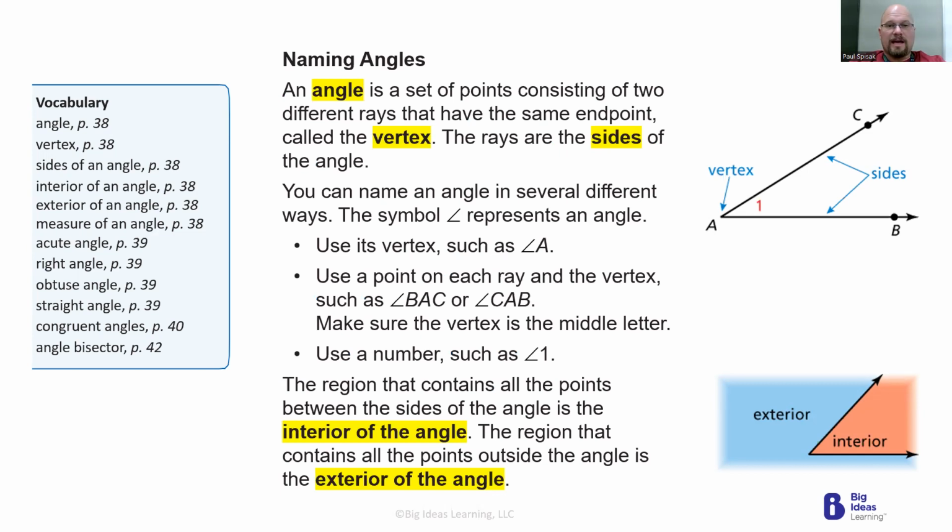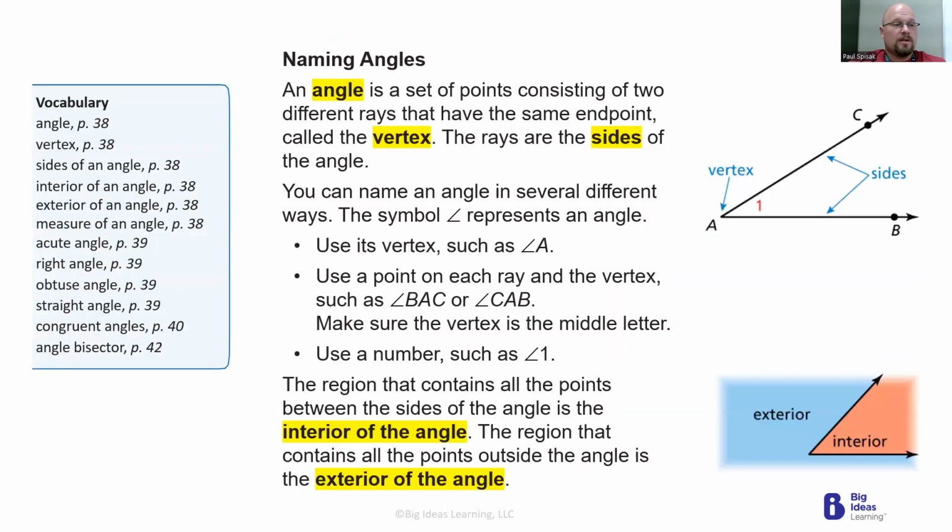The majority of those words you've actually seen before. The only two at the very end, congruent angle and angle bisector, are probably the ones that are newer to you. The rest of them are things that you should have seen in previous math classes. So some of this might seem a little repetitive, but again, we're going to go through and at least get the basics of this lesson down before class on Friday.